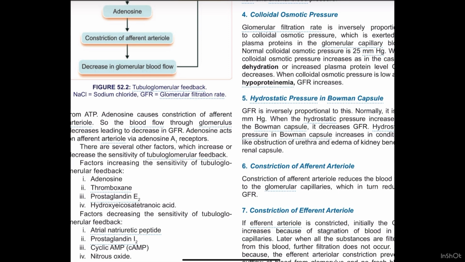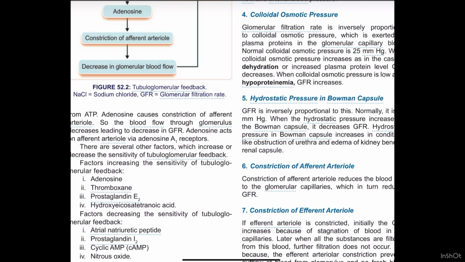Adenosine causes the constriction of the afferent arteriole. So, the blood flow through the glomerulus decreases, leading to a decrease in the GFR. Adenosine acts on the afferent arteriole via adenosine A1 receptors.